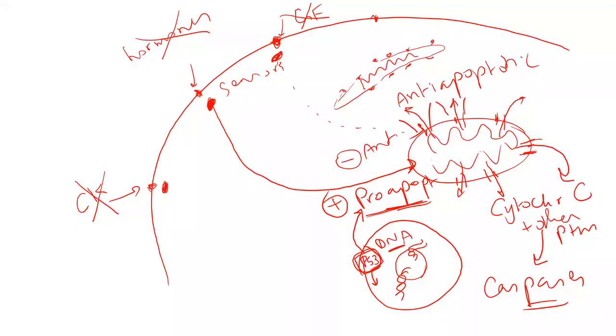If they don't work, or if DNA repair is not possible, p53 will stimulate pro-apoptotic proteins BAX and BAK, and this will lead to induction of apoptosis in this cell due to inability of the cell to repair its DNA. So this is the other induction of apoptosis after DNA damage.